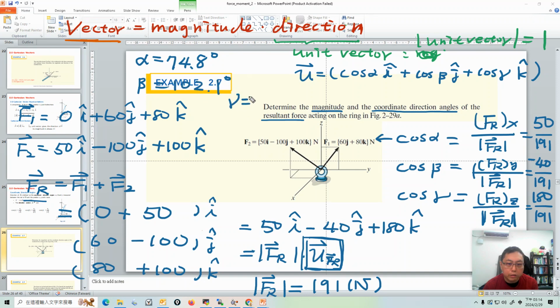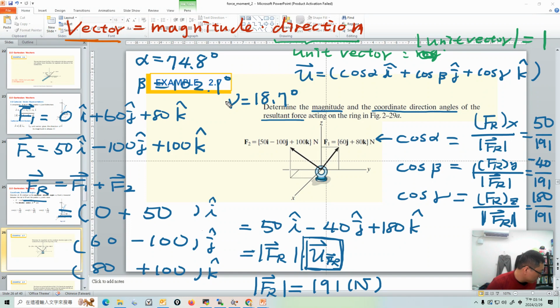And finally, what is gamma? It's 180 divided by 191, and then inverse cosine, 18.7 degrees. So its magnitude is 191 Newton, and its coordinate direction angles are 74.8 degrees, 102.1 degrees, and gamma is 18.7 degrees.